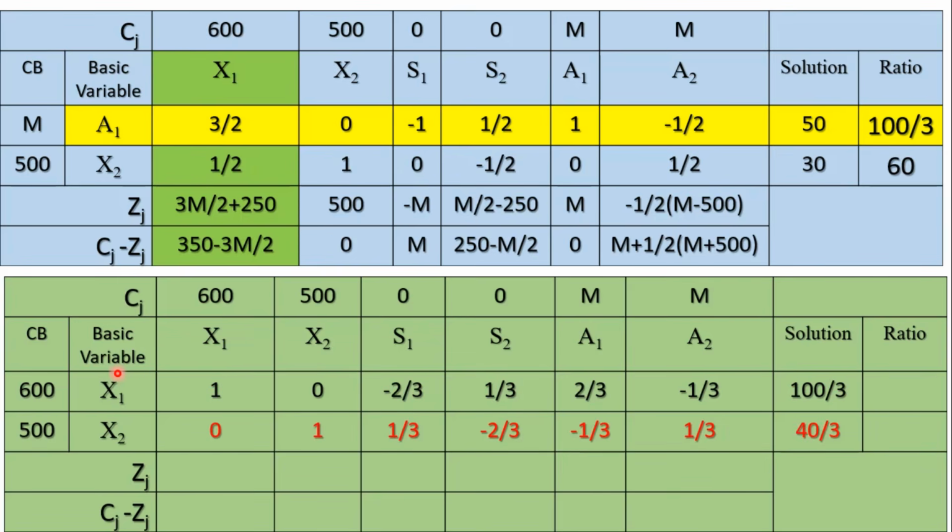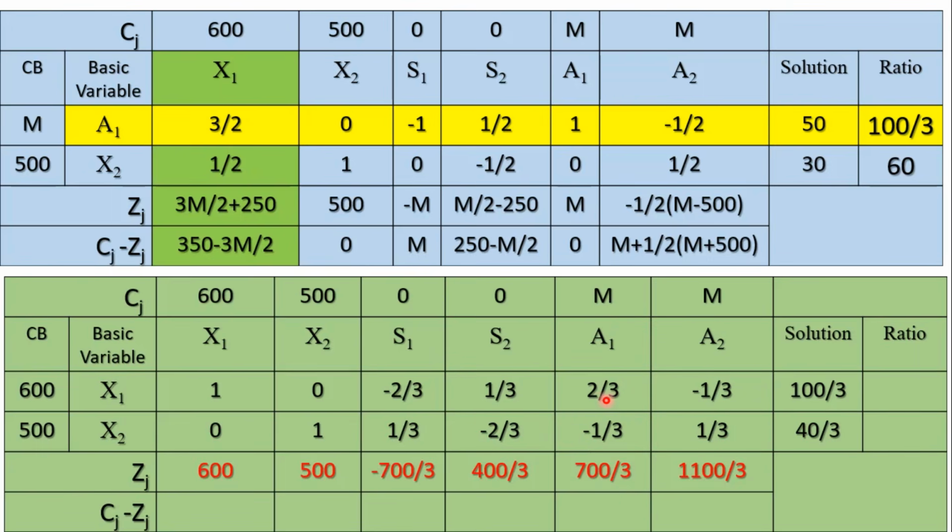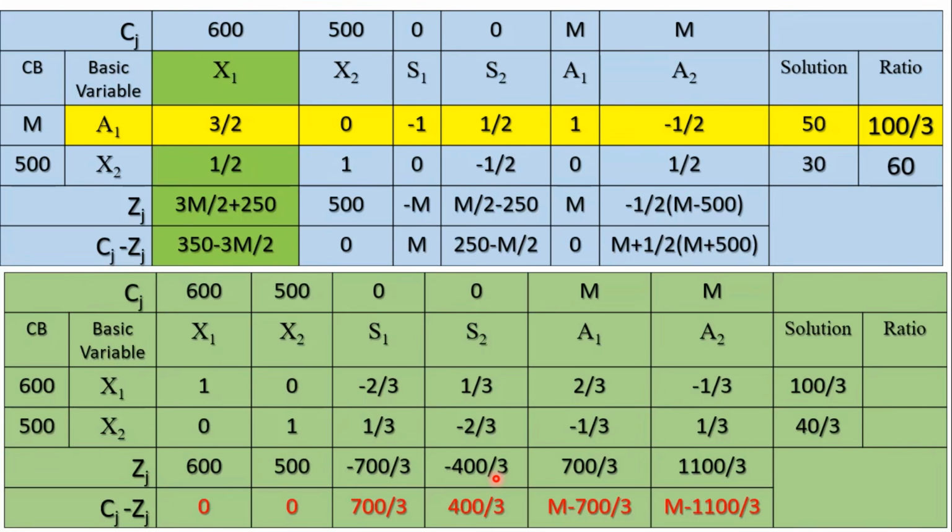Use the formula to find the X2 values. Next, to find the Zj value, we already discussed how: 600 into 1 plus 500 into 0 is 600. In that way, find the Zj value. Next, find the Cj minus Zj value.